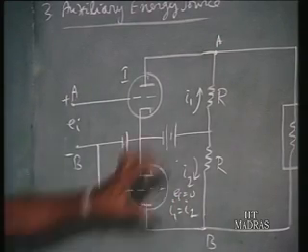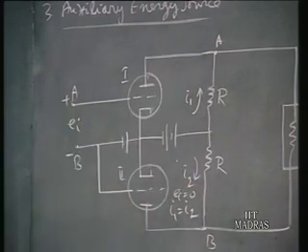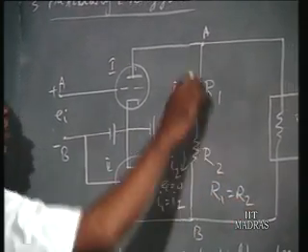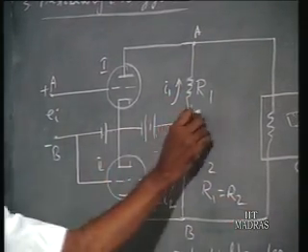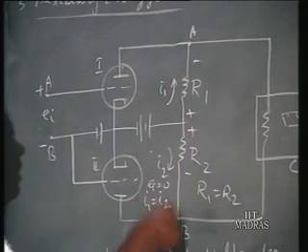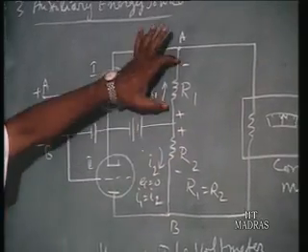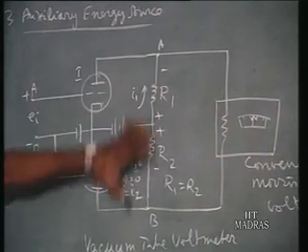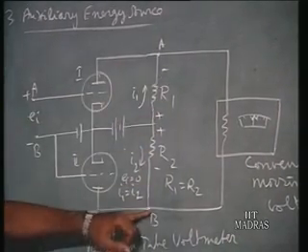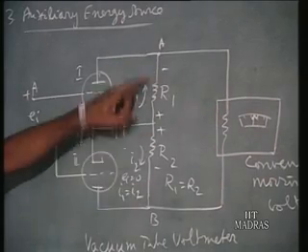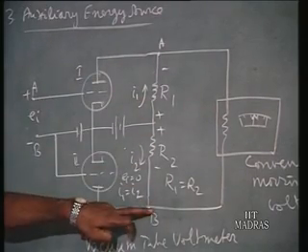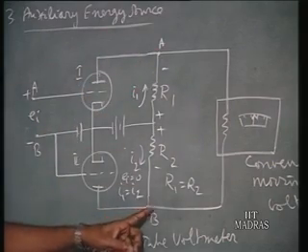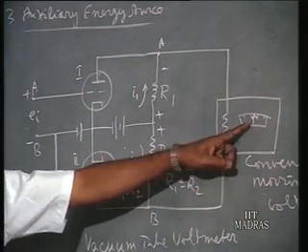So the voltage drop across R1 and R2, where R1 is equal to R2, will be the same, like two batteries connected in series with opposing polarity. So you find the voltage across AB will be 0. Even when EI is 0, voltage across A and B will be 0, and so the conventional voltmeter will show 0 reading here.